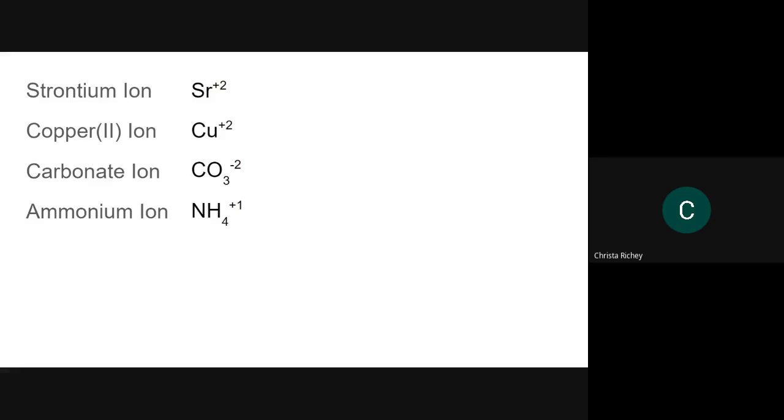Who needs a new periodic table? I need to run more off. I don't know if I have enough to give to everybody. Who else needs a new periodic table? You do? You need a periodic table, okay. Well, this is the assignment.